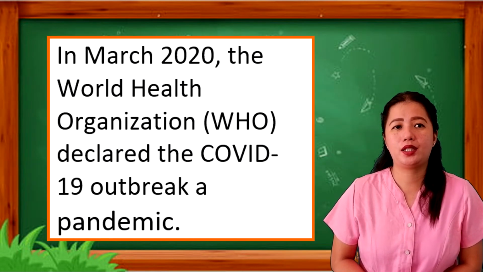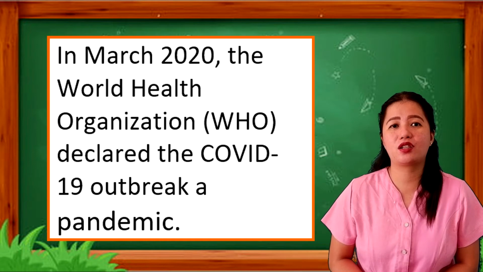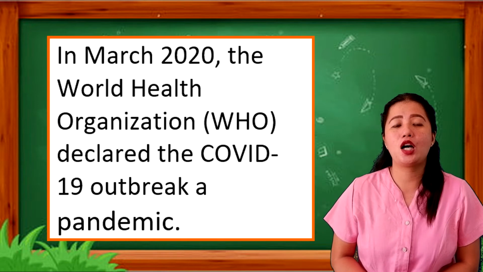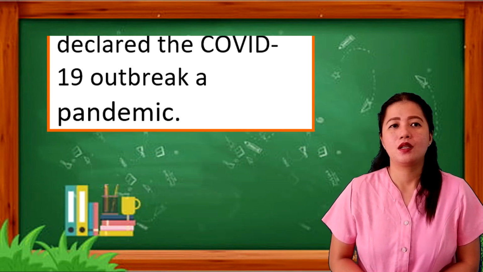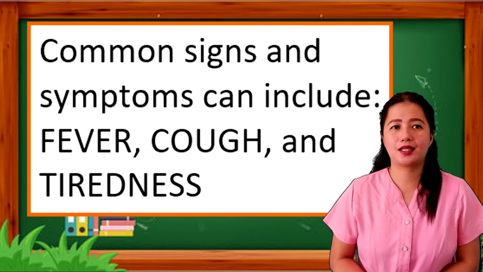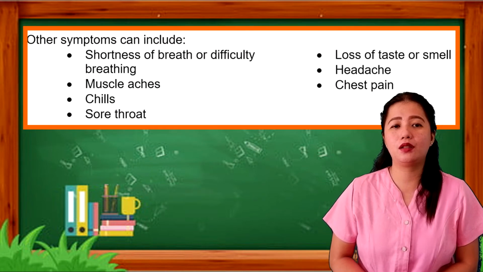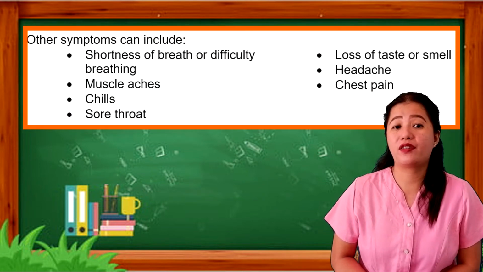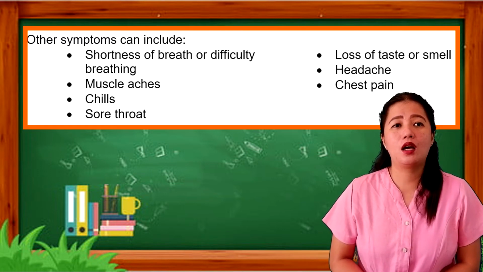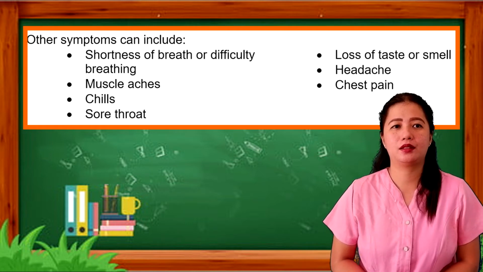In March 2020, the World Health Organization, or WHO, declared the COVID-19 outbreak a pandemic. Common signs and symptoms can include fever, cough, and tiredness. Other symptoms can include shortness of breath or difficulty breathing, muscle aches, chills, sore throat, loss of taste and smell, headache, and chest pain.